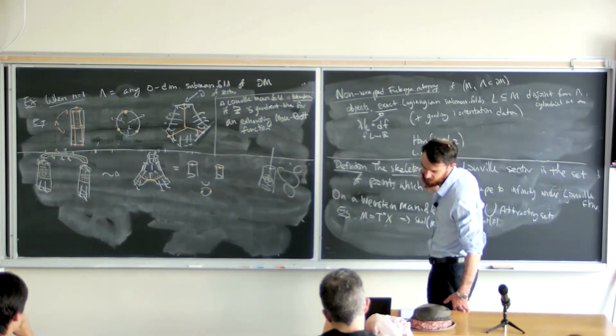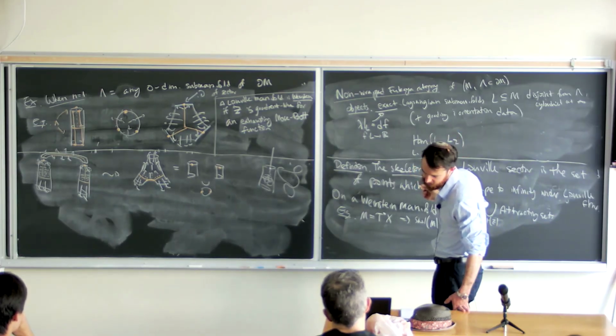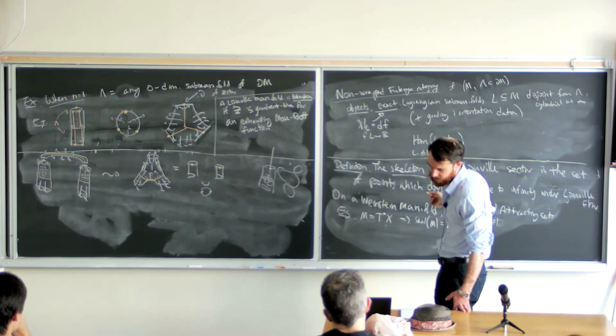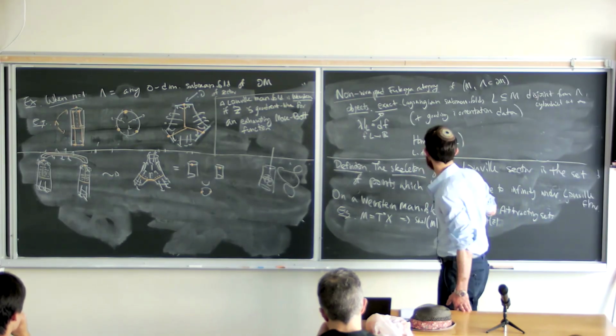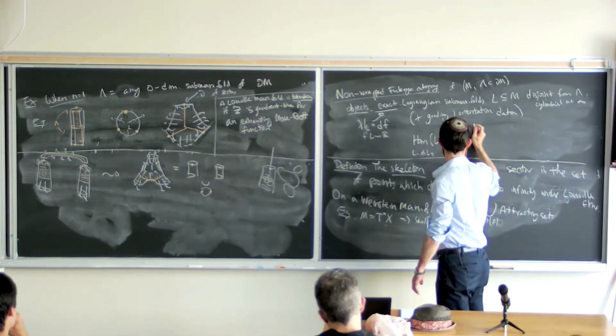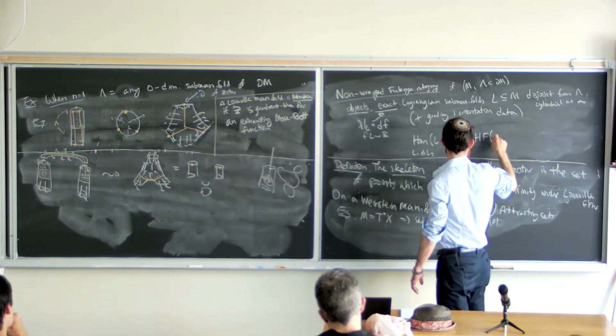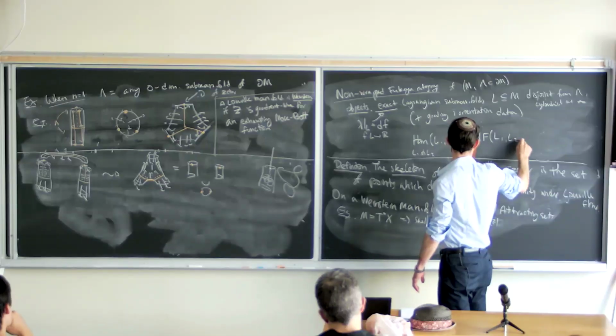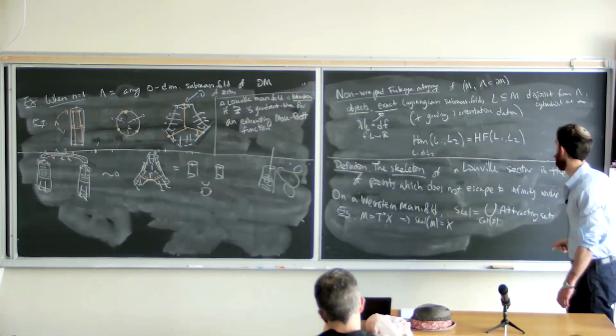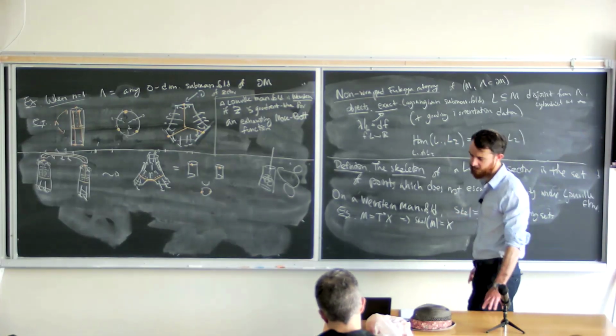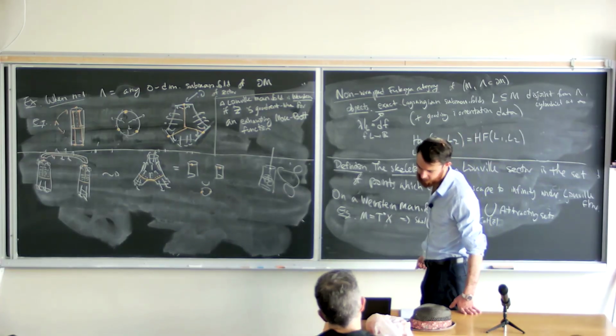If they're transverse to each other, that means they're meeting in a set of isolated points, and the hom is going to be computed by the Floer cohomology of L1 with L2. This is the fundamental thing in the Fukaya category.